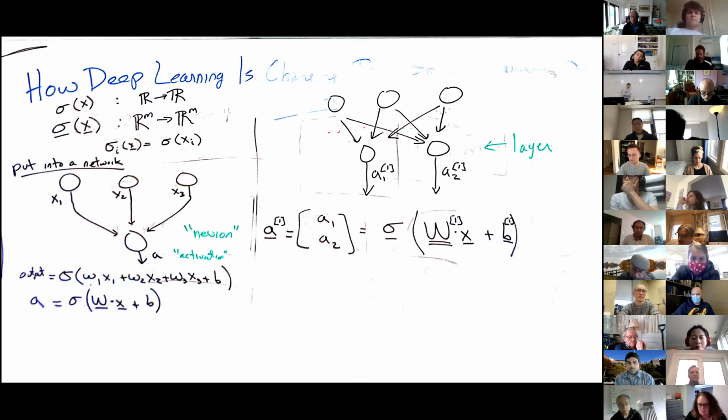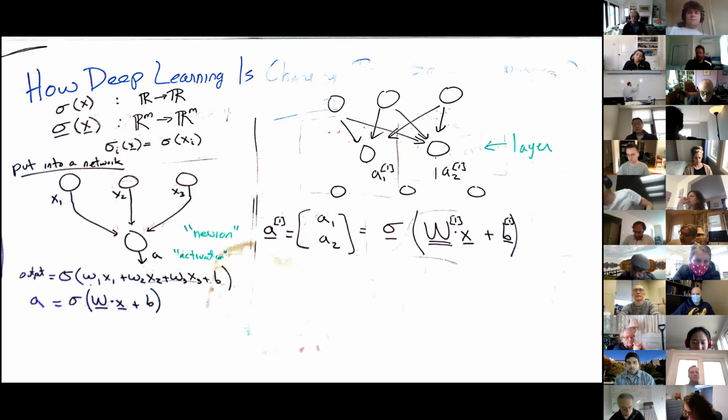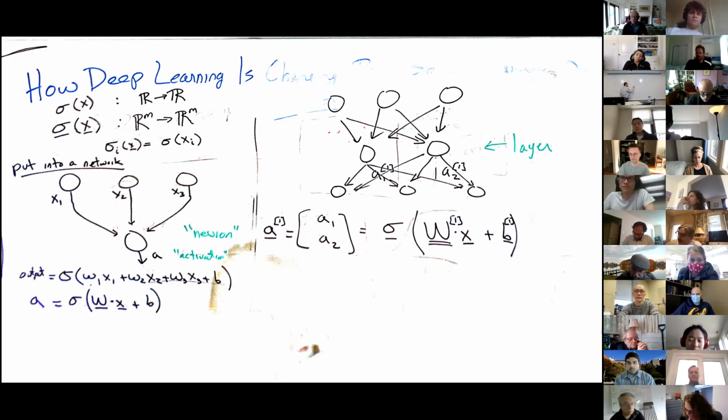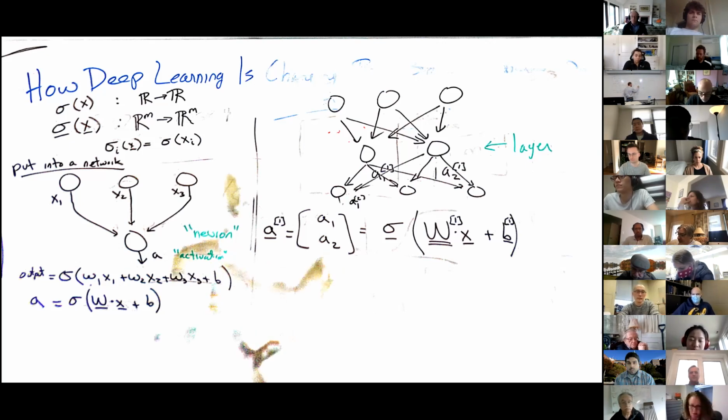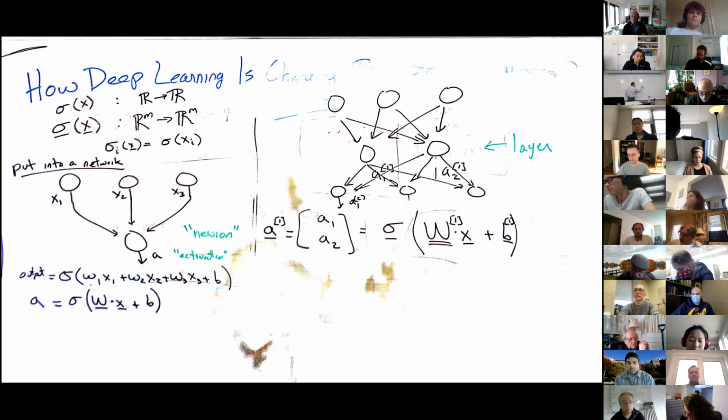I can put another layer in here. I should have left room. I could take activation 1 and put it into 3 nodes in the next layer, and activation 2 and put it in 3 nodes in the next layer. And now I have activation 1 in layer 2, activation 2 in layer 2, and activation 3 in layer 2.